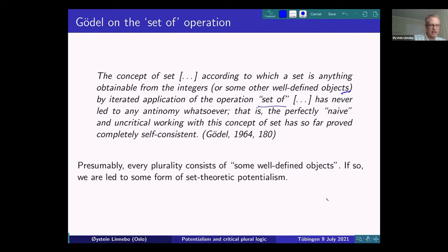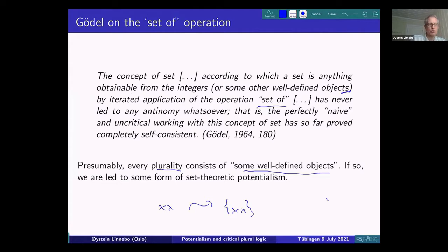And here's the connection I'm interested in with the previous material. What do we mean by some well-defined objects? It's pretty natural to think that every plurality of objects makes up some well-defined objects. Right? So whenever you have some things, you could apply the set of operation to define the associated set.